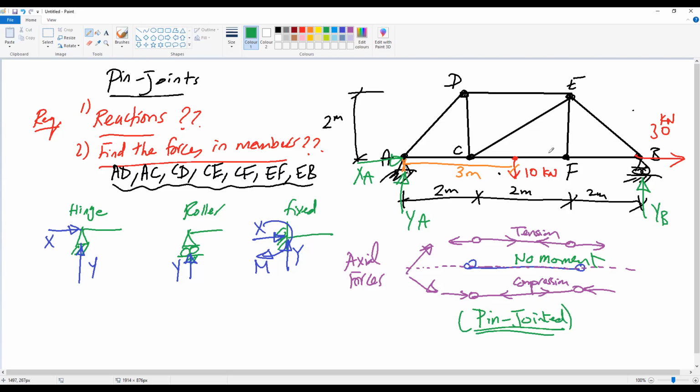So for the member CF, the force 10 kilonewton, if it's applied like this, if we have this member CF and you have force 10 kilonewton here, is this force in the axial direction of the member, or perpendicular direction?